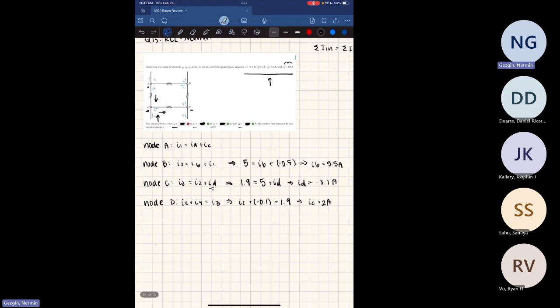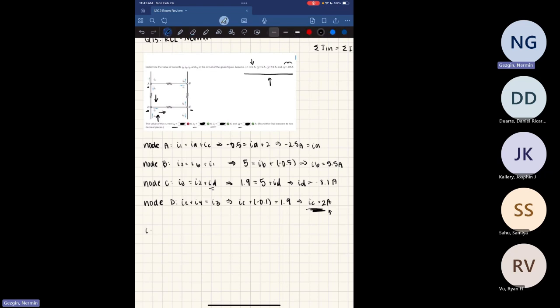And now using this value, we can solve for IA in node A. We have I1 given to us already, which is negative 0.5. We don't know IA, which is what we're looking for, and we're given IC, which is 2. So we do negative 0.5 equals IA plus 2. Solving this through gives us negative 2.5 amps for IA.